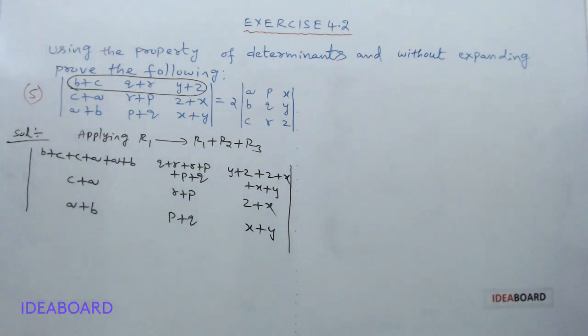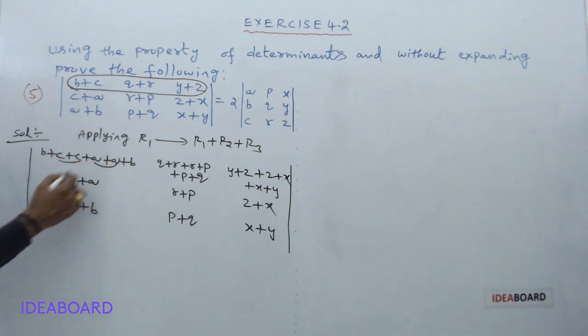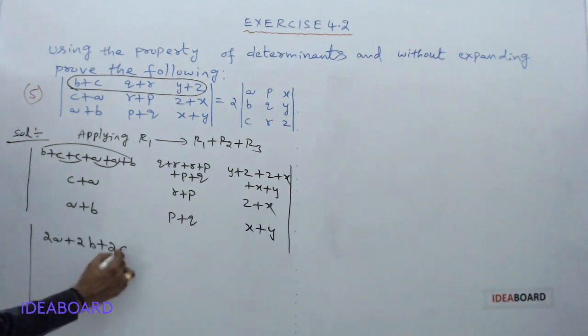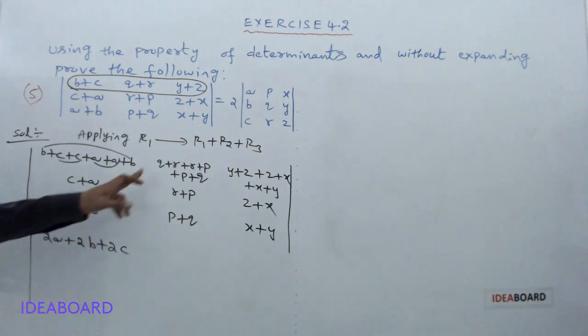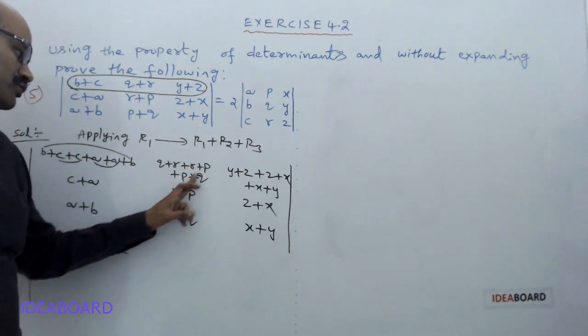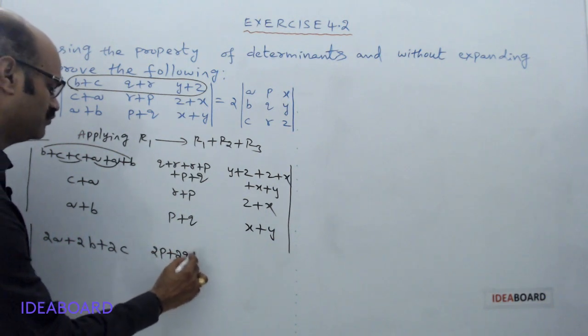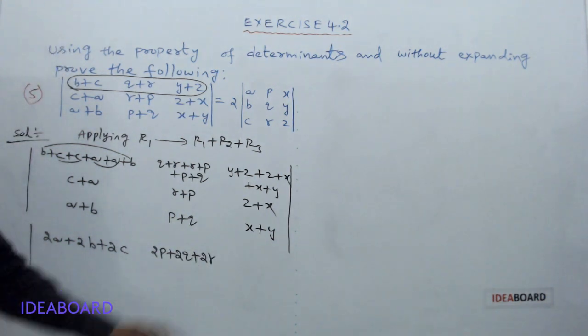Now here, after adding, we get C plus C 2C, A plus A 2A, B plus B 2B. So that it becomes 2A plus 2B plus 2C. Here we have 2 P's. So P plus P, 2P plus 2Q plus 2R.